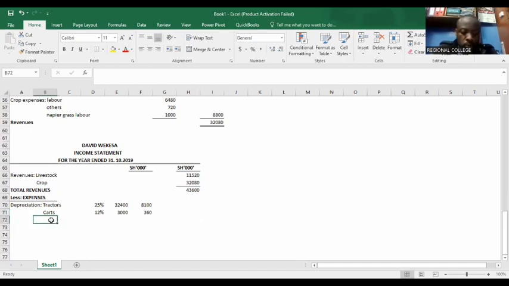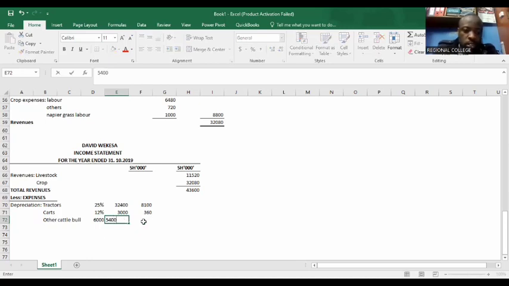I can just say other cattle bulls will lose value like depreciation. So I have 6,000, and at the moment it is 5,400.